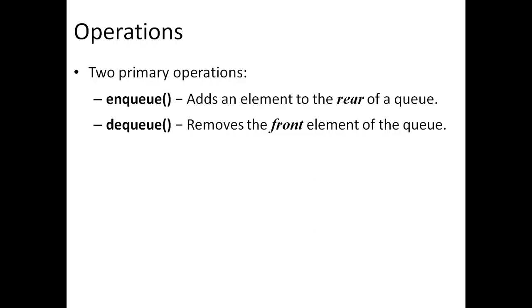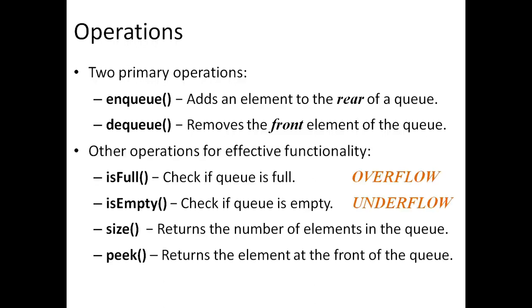Then we have dequeue. It will delete the element which is present at the front end of a queue. So dequeue is similar to the deletion operation. Then there are a few other operations available on queue data structure.